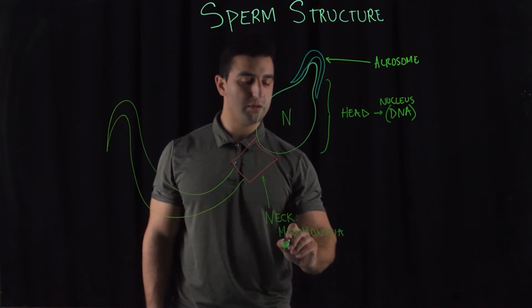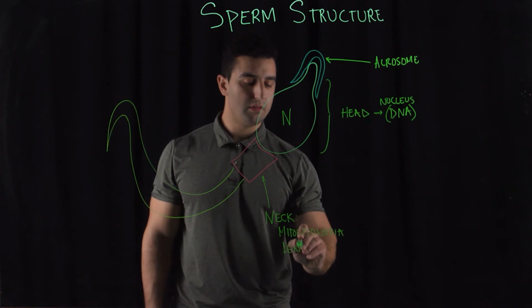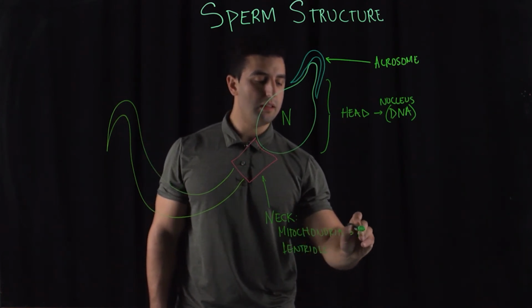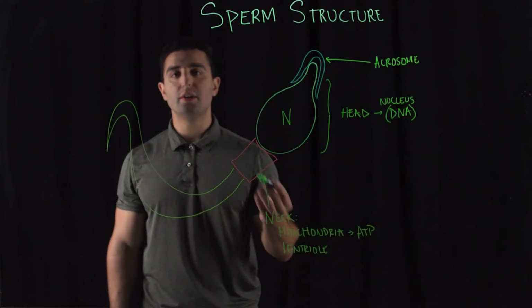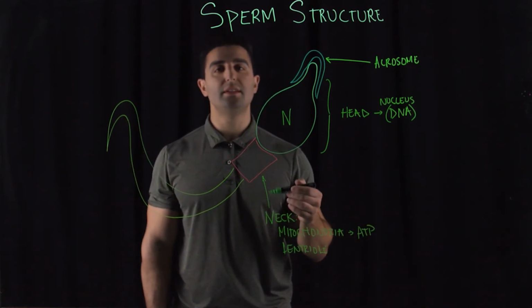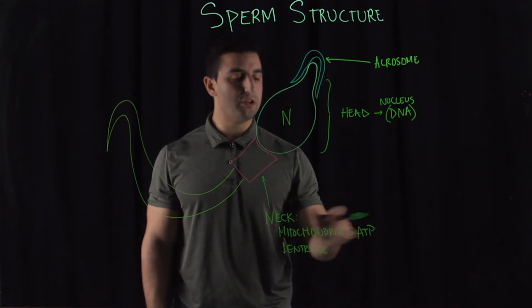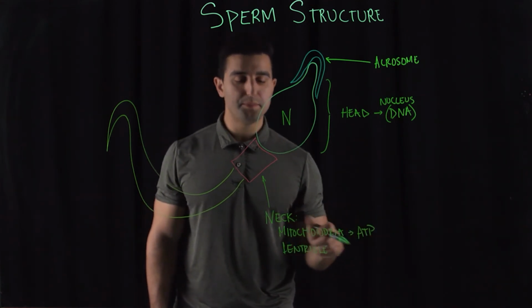So what was the function of mitochondria? It's the generation of ATP, right? The powerhouse of the cell. So they're trying to create all the energy needed for the cell to actually become mobile. This mobility requires energy. Mitochondria produces the ATP, all right?